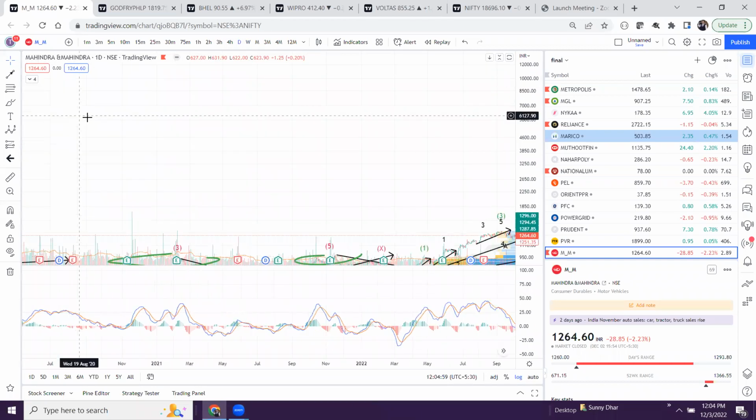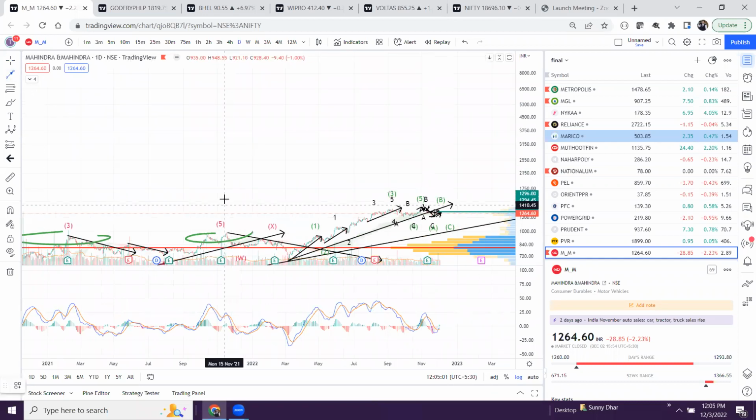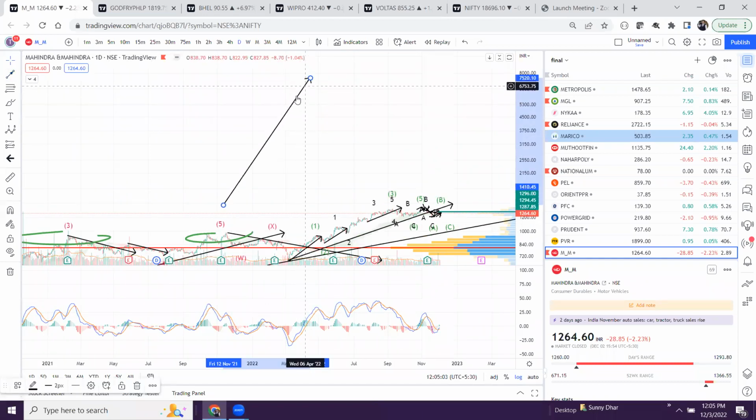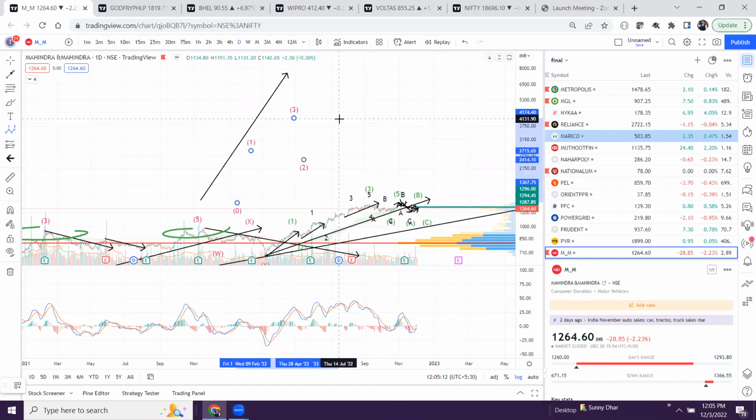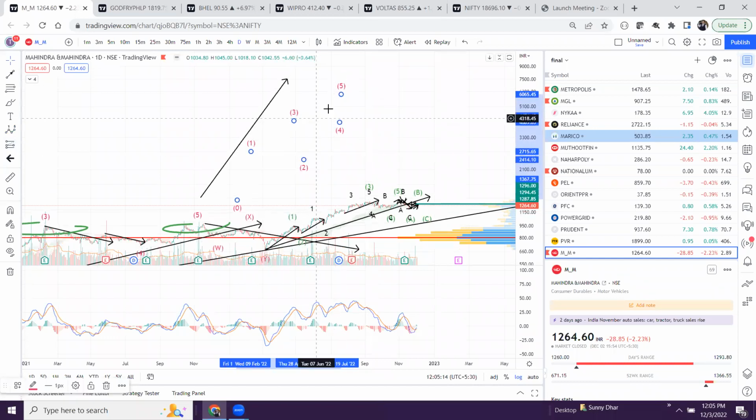Let me draw it again. If you see, this is the first impulse. Now this may be the impulse on the weekly or monthly time frame. Internally it will also be divided into 1, 2, 3, 4, 5. It may be divided into 5, may be divided into 3, may be divided into 1.